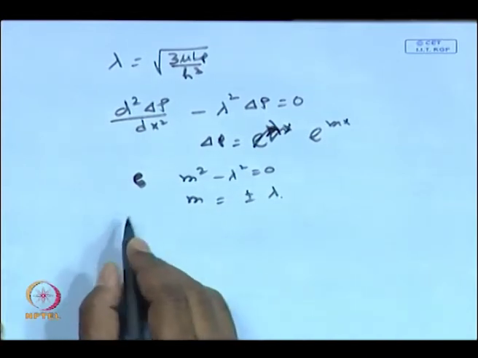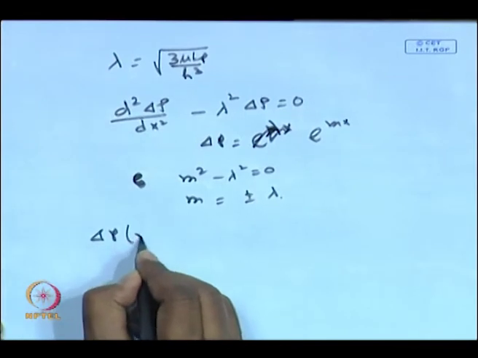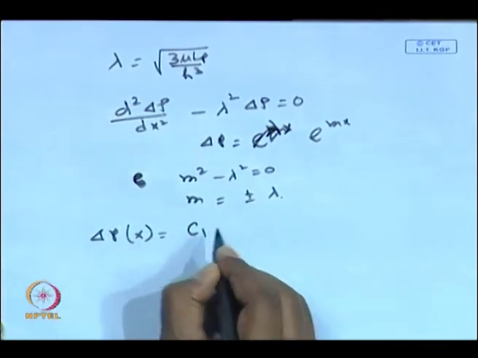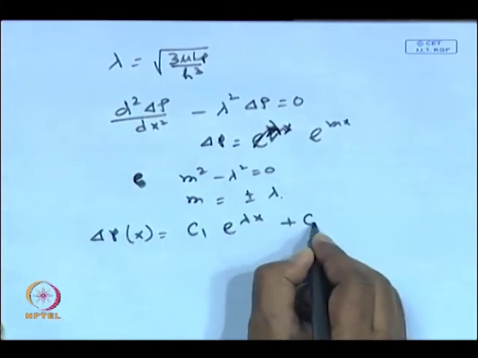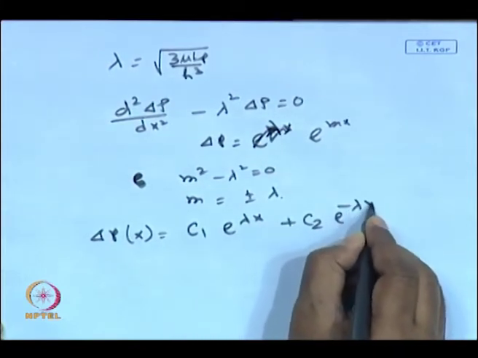So you will get the solution delta p as a function of x as some constant c1 multiplied by e to the power lambda x plus some constant c2 e to the power minus lambda x.